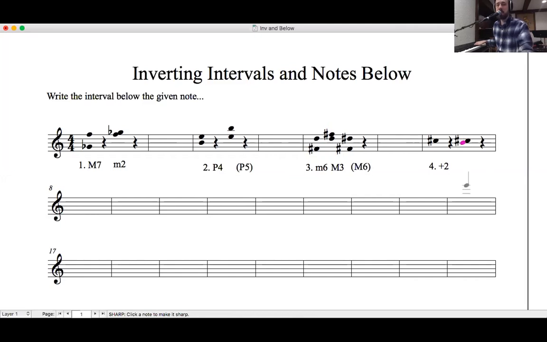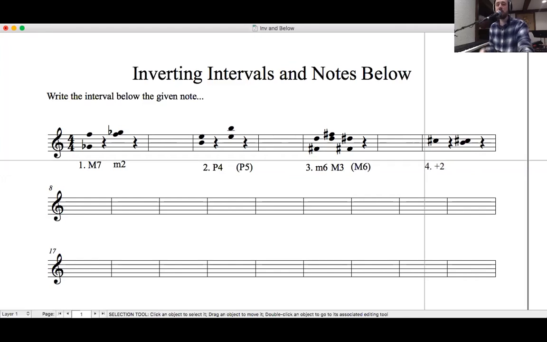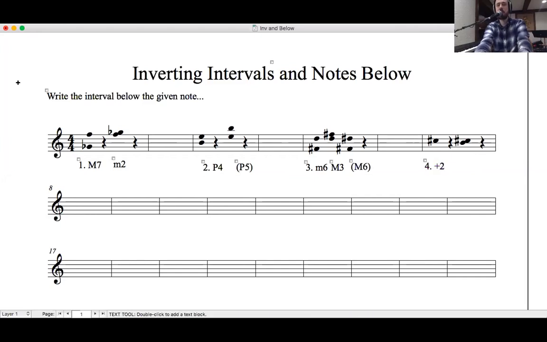So if I put B below C sharp, we can now just start to figure out where we are. And here's the trick. As soon as we have a bottom note, we automatically want to start using that bottom note to figure things out. So the question is, what kind of second is that? And then we'll go from there.